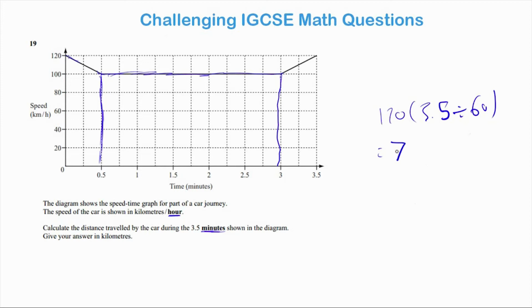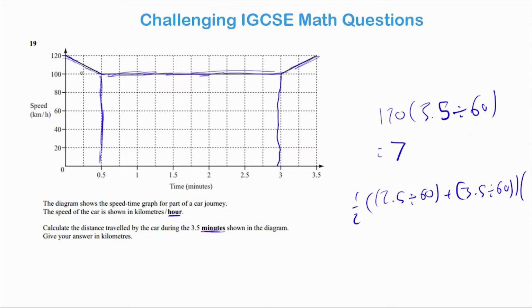This is the area of the whole rectangle, and then we find the area of this trapezium, which is half times the sum of the bases, that's 2.5 divided by 60 plus 3.5 divided by 60, multiplied by the height.